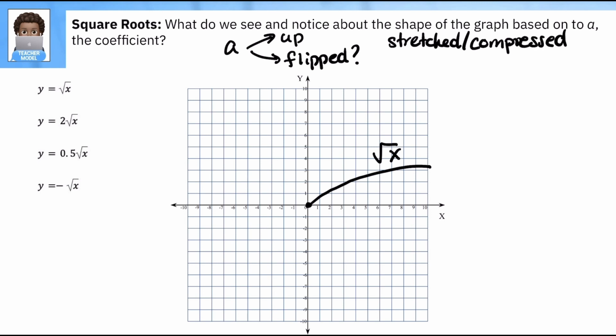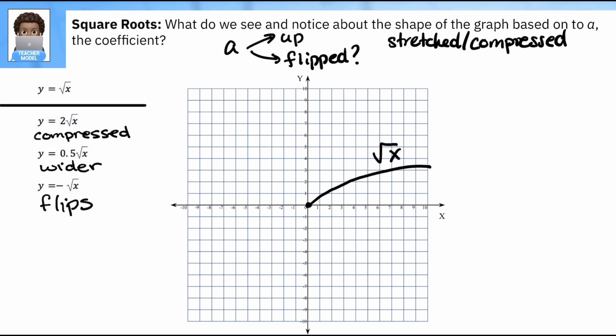We already know what our base is going to be, and we're using the same information that we've seen in the last two. If the coefficient a is greater than 1, in the past it's been compressed. We're going to test whether this is still true. And if it's less than 1, it's been wider, like stretched wider. And if it's negative, it flips.